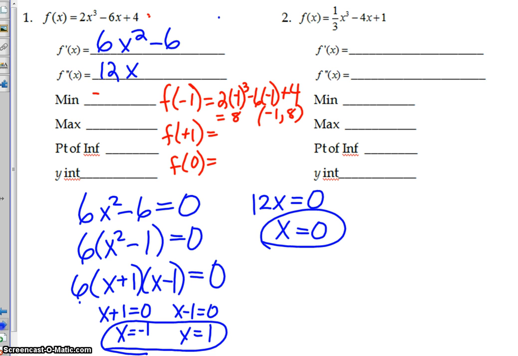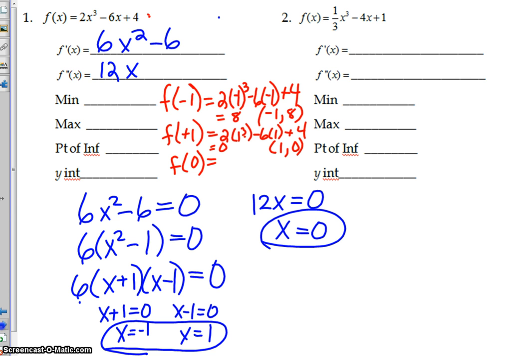I'll show you why I didn't put it over here in a minute. So one of the points that we know is either going to be a min or a max is negative 1, 8. F of 1 now. We're going to go 2 times 1 cubed minus 6 times 1 plus 4. This would be 2, minus 6 is negative 4, plus 4. We get 0 for an answer. So our point here is 1, 0.